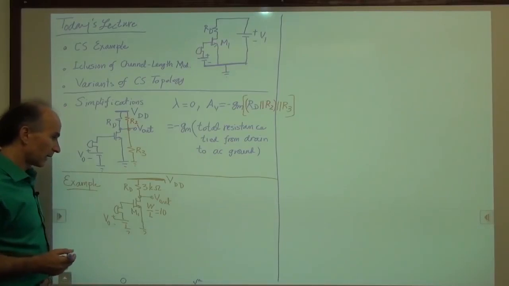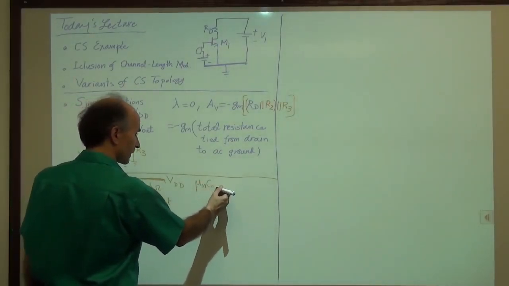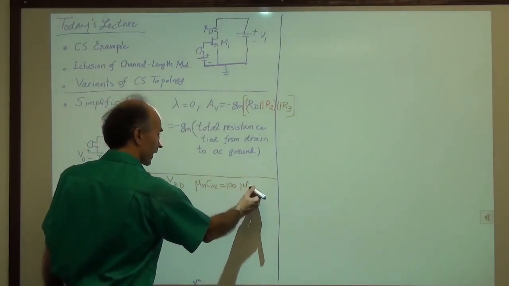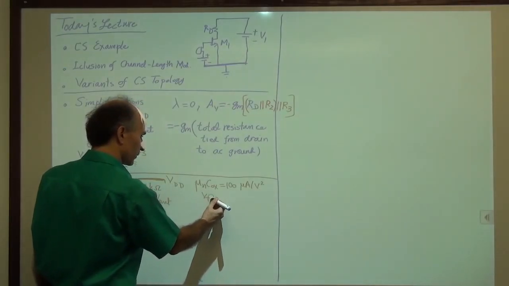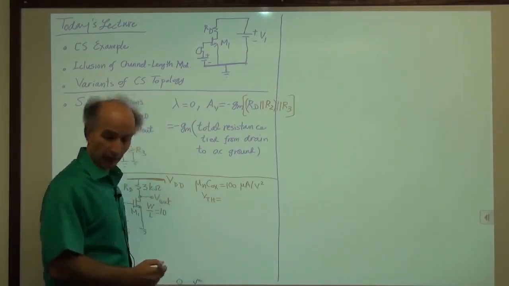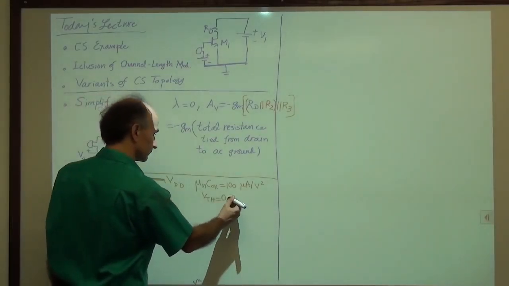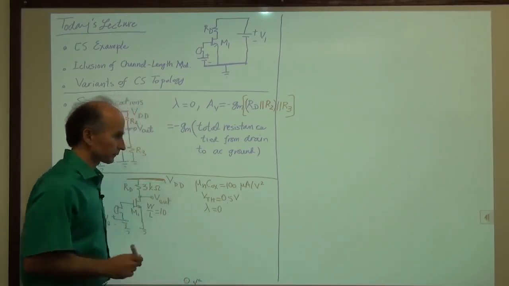All right. Then for the MOSFET, we also need some parameters. We need to know mu and Cox. So I'm assuming 100 microamps per volt squared. And the threshold voltage, I have assumed 0.5 volts as usual. And for now, we assume lambda is 0.